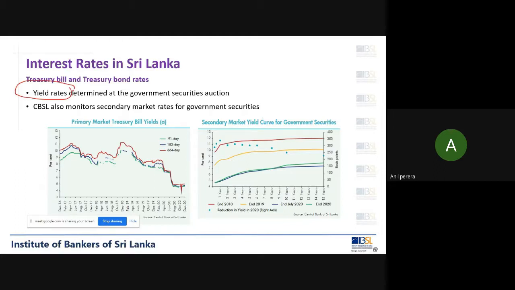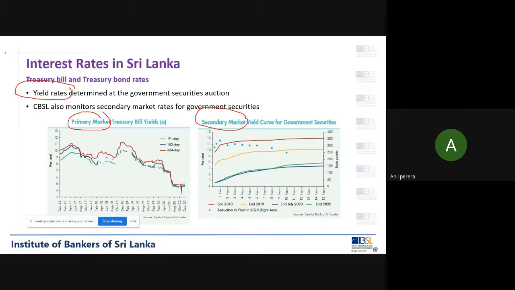The central bank monitors two types of yield rates: for the primary market and the secondary market. Primary market means whenever the primary dealers come to the central bank and buy treasury bills or bonds at the auction.